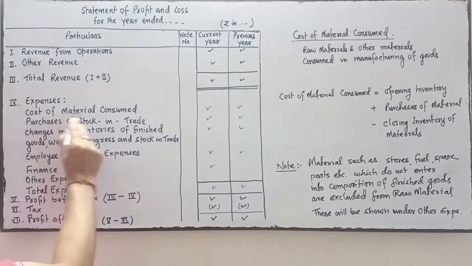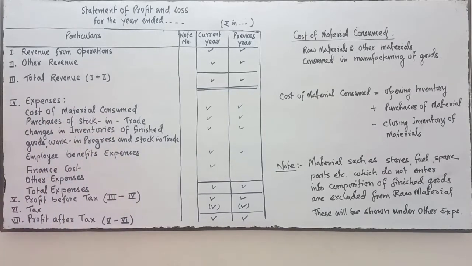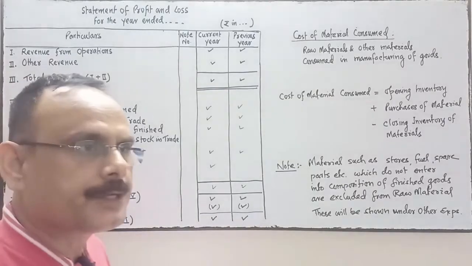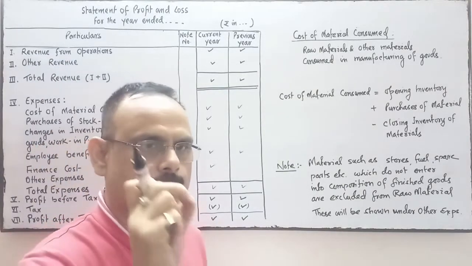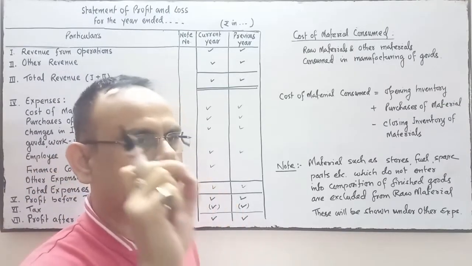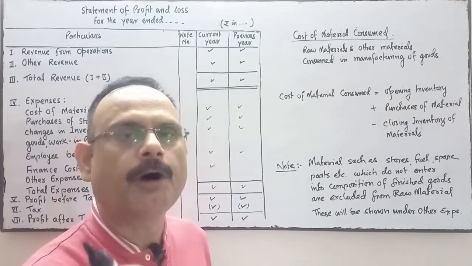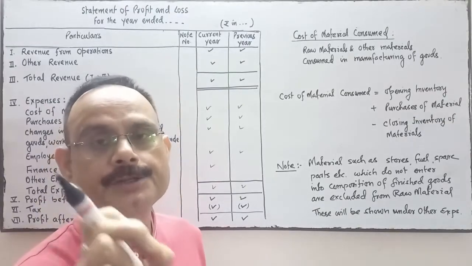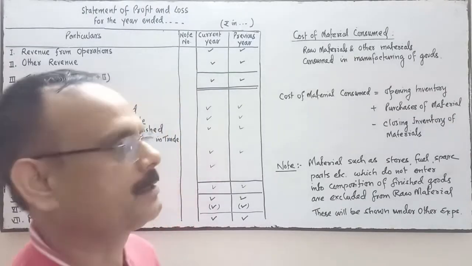Cost of material consumed means the cost of raw material and other material consumed in the manufacturing of goods, in the manufacturing of the finished product.